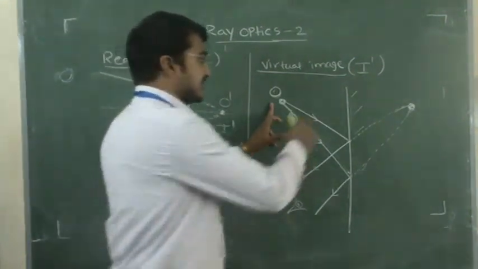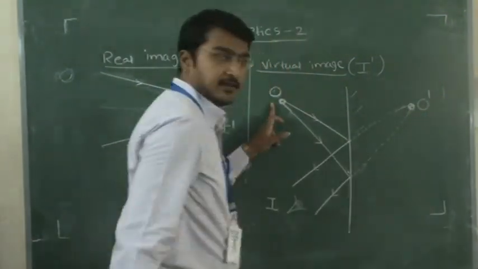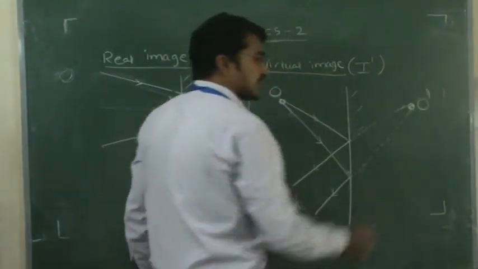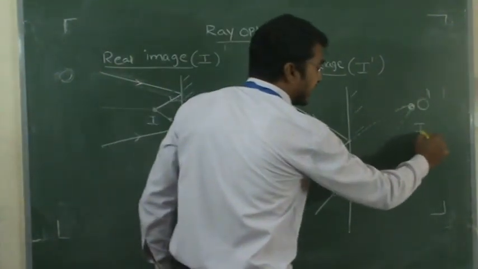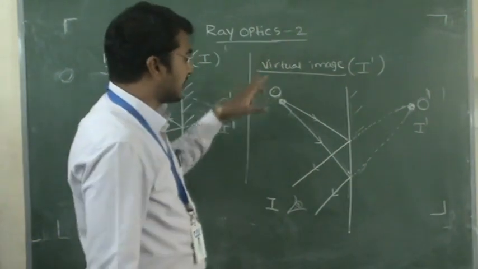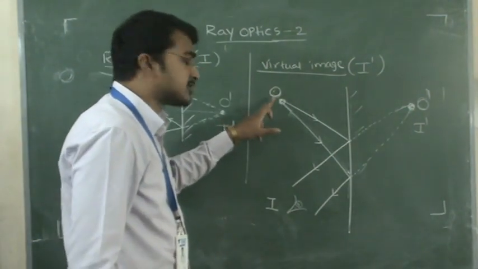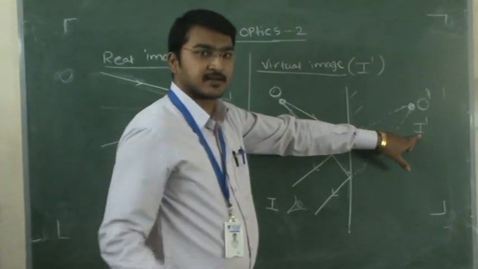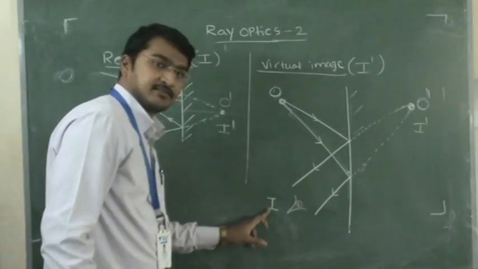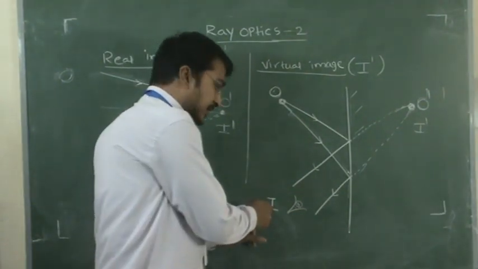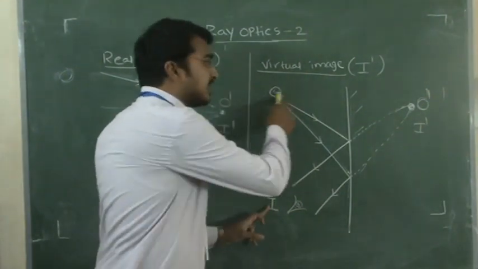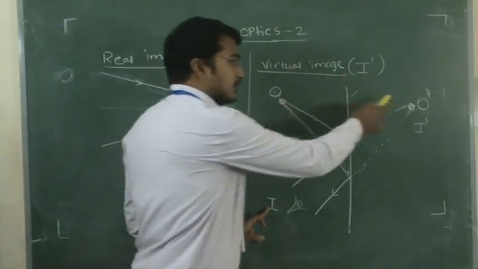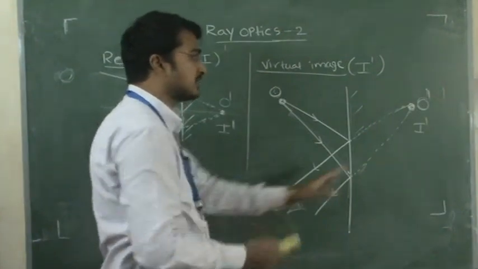So this is O, and this is O dash, and we can also take it as I dash. When you consider the object, the real image will form here and the virtual image forms here. Got it? For the observer, for this image, the real object is here and the virtual object is here. So: real object, virtual object, real image, virtual image.